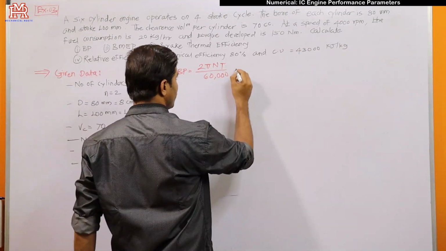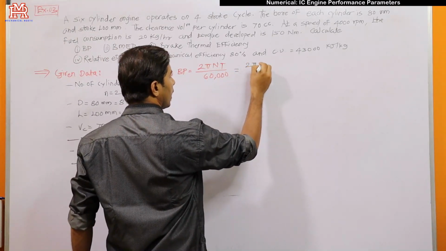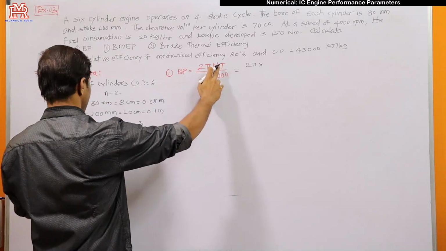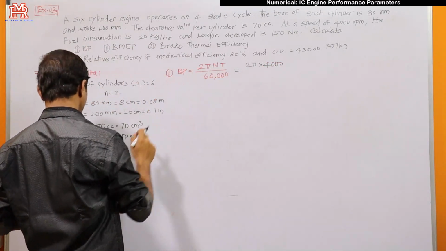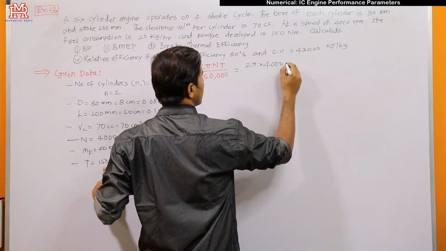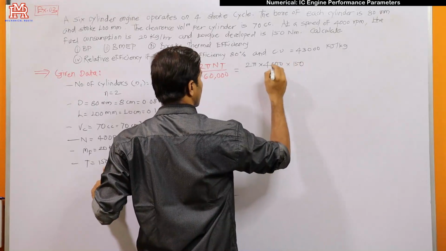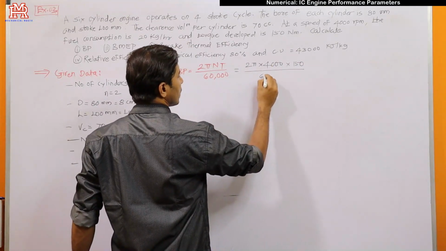You have all the values. 2 pi N, N which is given 4000, value of torque is given 150 Newton meter, divided by 60,000.